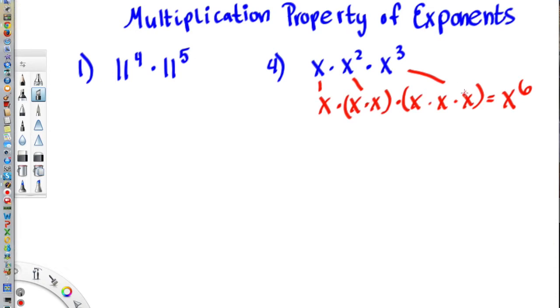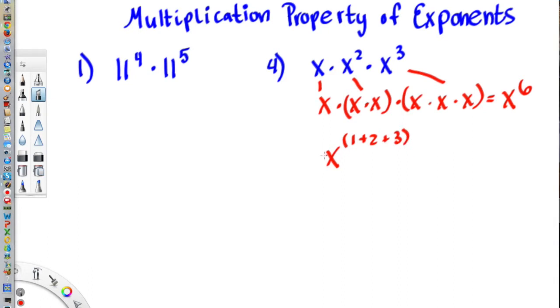Now there's a rule or a shortcut that I can come up with from this. If I'm multiplying an exponent by an exponent, or in this case, 3 exponents, and the base is the same, I know that my base won't change. So they all have that in common. I've got x to the 1st power here, and then x to the 2nd power, which is 2 more x's, and then x to the 3rd power, that's 3 more x's.